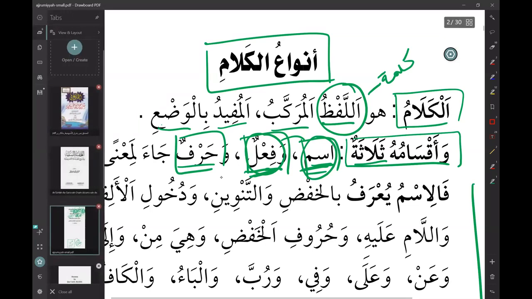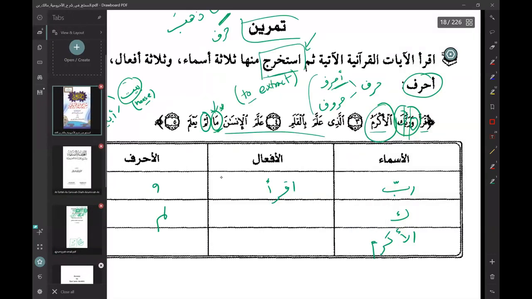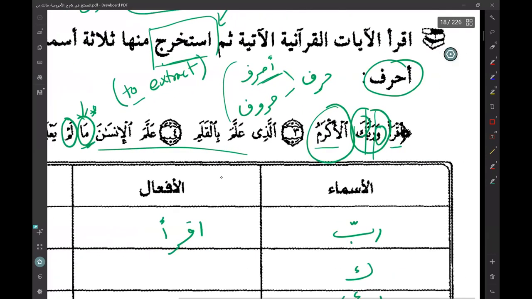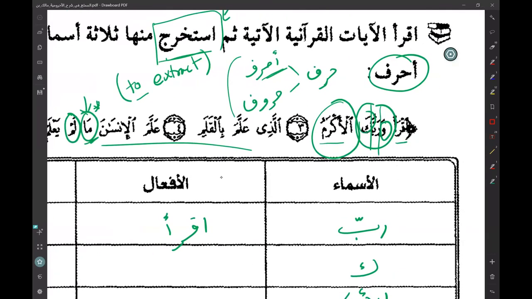It's basically the same exercise we were doing here. Is there any sign, any way we can identify if something is isim, fi'l, or harf? Because in the Arabic language, every single word you can think of, you can put in one of these three containers.